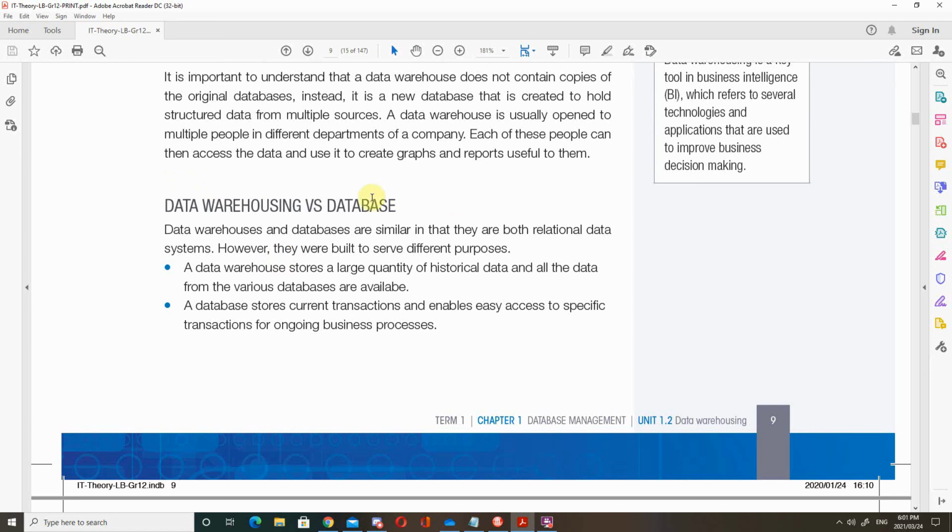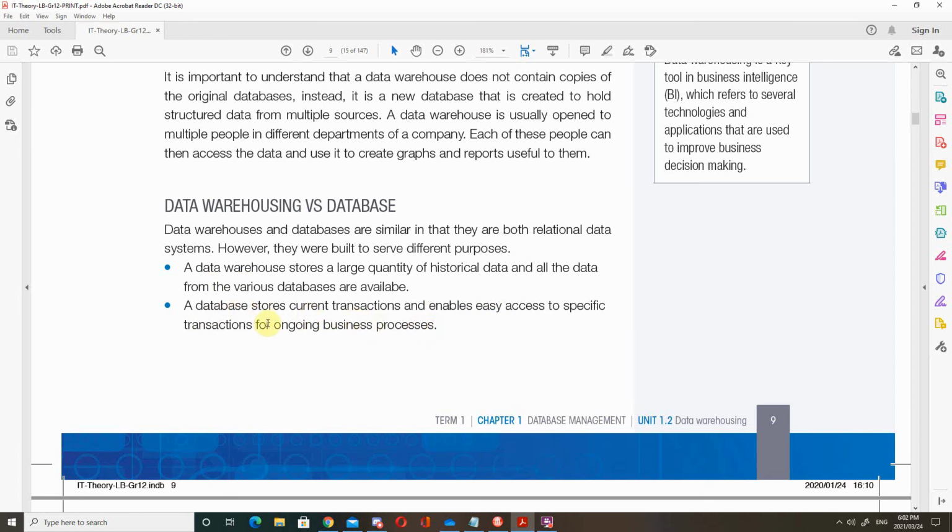Alright, so data warehouse versus a database. A data warehouse and databases are similar in the way that both store relational data systems. However, they were built to serve different purposes. The warehouse stores a large quantity of historical data, and all the data from various databases are available, while a database stores current transactions and enables easy access to specific transactions and ongoing business processes.